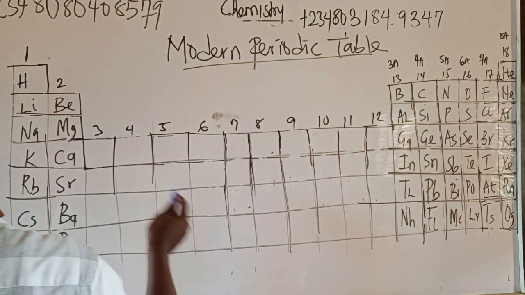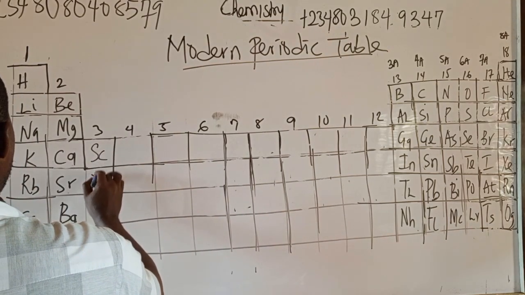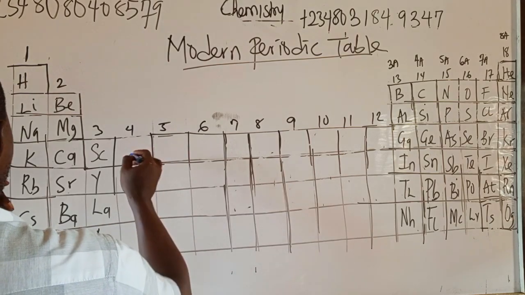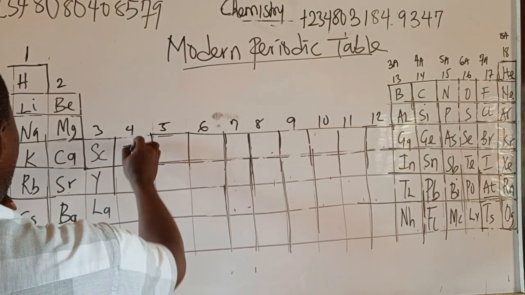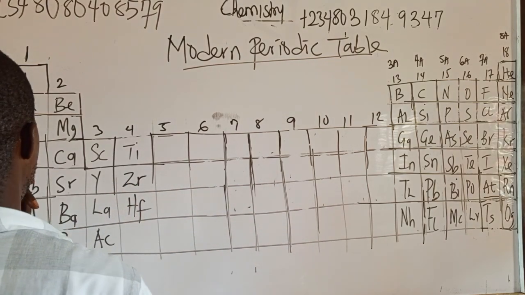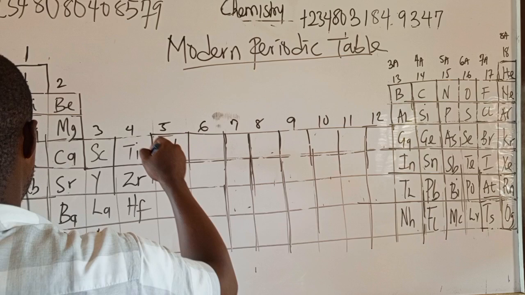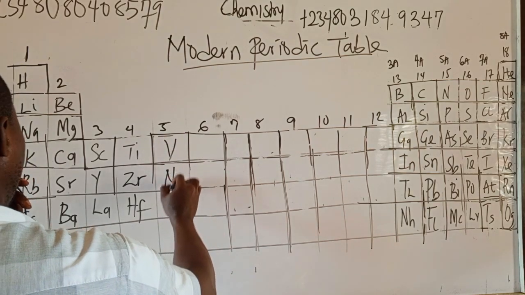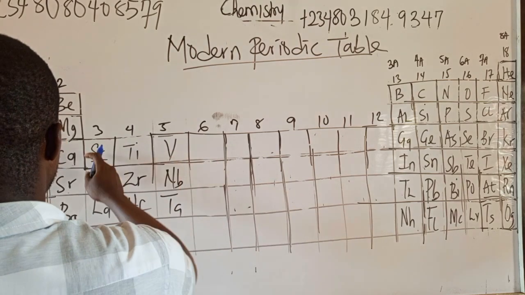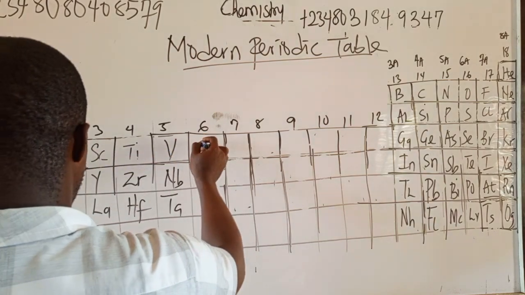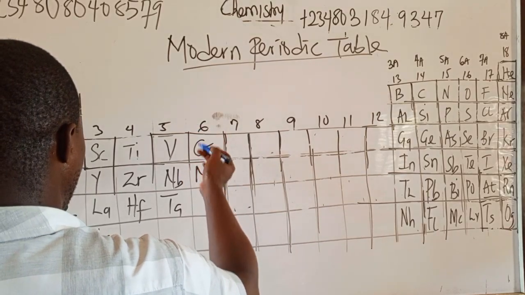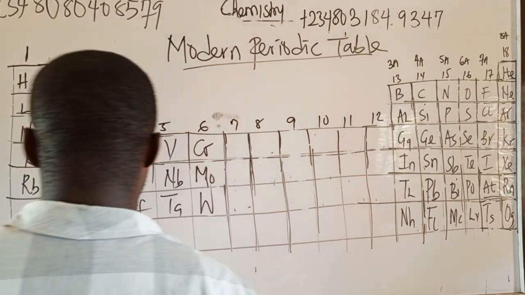They are the transition metals. We have scandium, yttrium, lanthanum, titanium, zirconium, hafnium, vanadium, niobium, chromium, molybdenum, and tungsten.